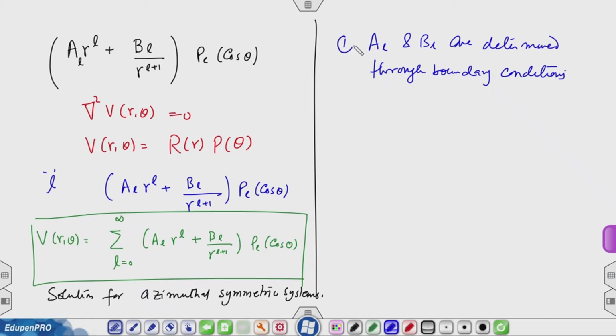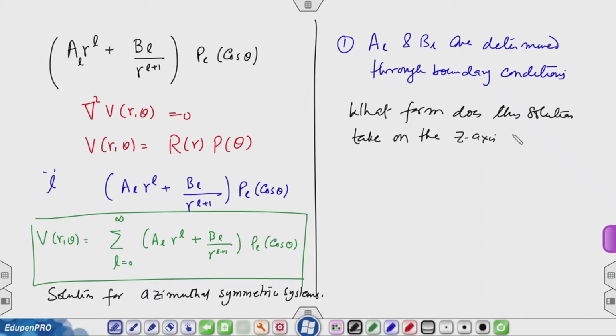That's one way of solving. Let us see what the solution is on the z-axis. So, what form does this solution take on the z-axis? On the z-axis, theta is equal to 0, which implies cosine theta is equal to 1, and therefore, P_L of cosine theta is 1.